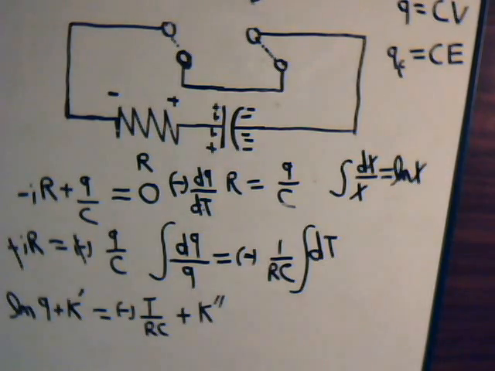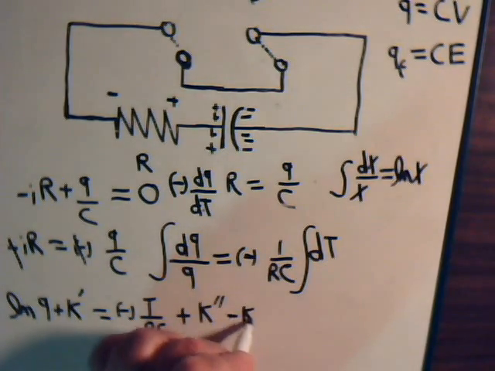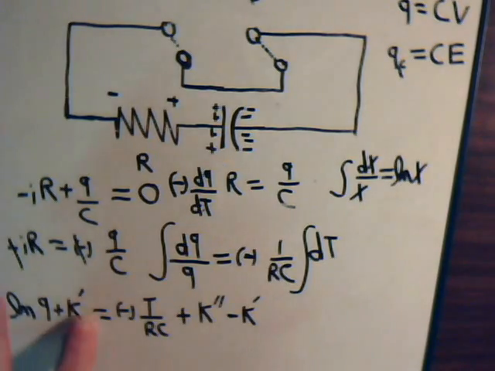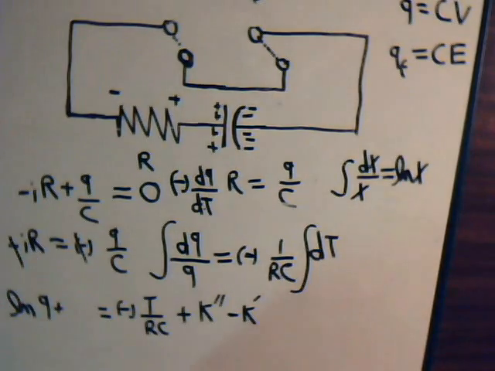We'll have an arbitrary constant of integration, and we can take this over to here. So we have it like this. But a constant minus a constant, that's just a constant. So we can call this K triple prime. So we replace this with this.